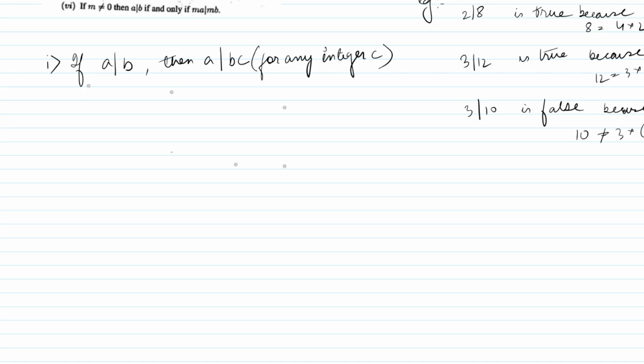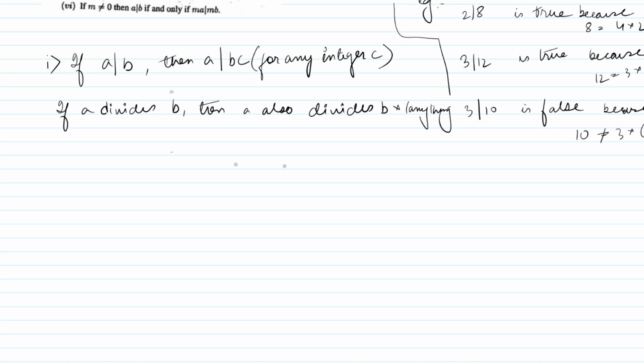It means that if A divides B, then A also divides B multiplied by anything. Okay, so we are getting that idea from here.